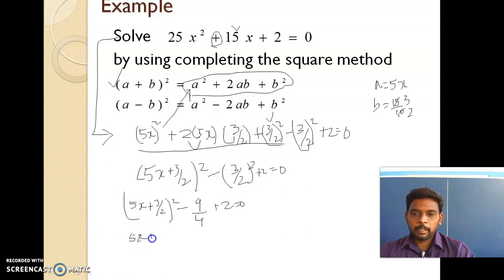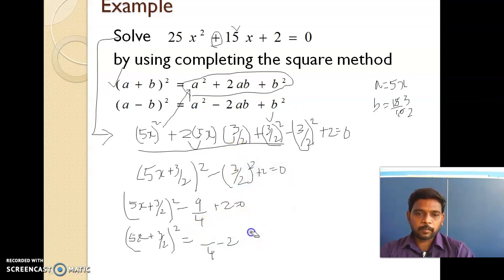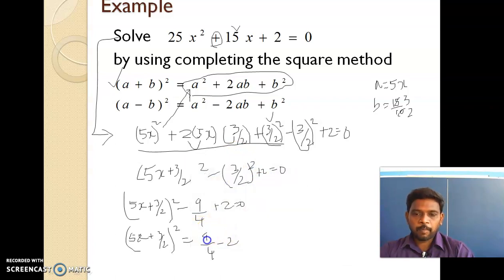So 5x plus 3 by 2 whole square equal to, and transpose these two terms to the right hand side, it will become plus 9 by 4 minus 2. If you simplify this, what will happen? 4 2s are 8, 9 minus 8 is 1, so 1 by 4.